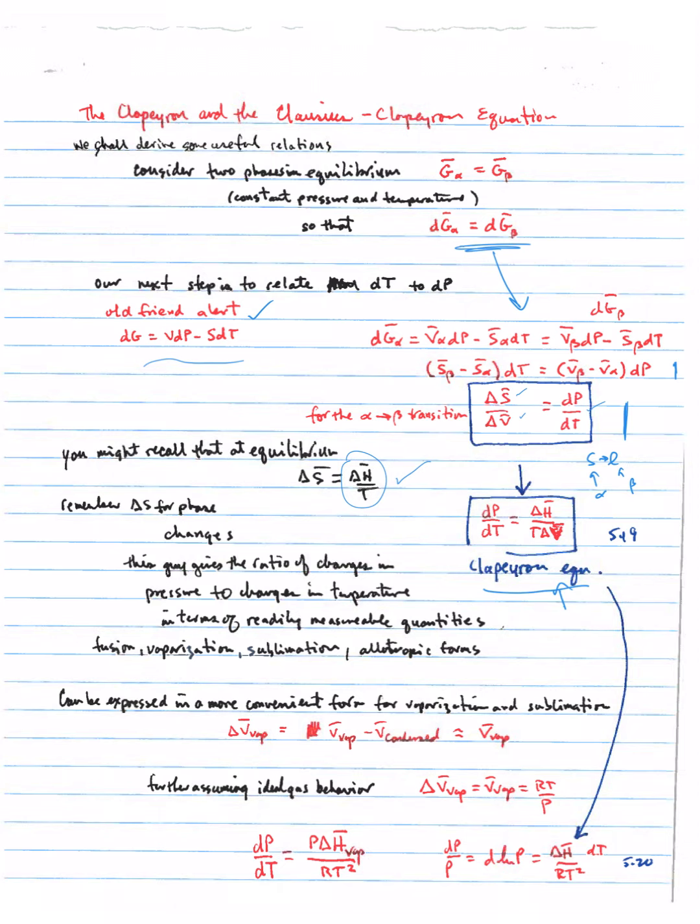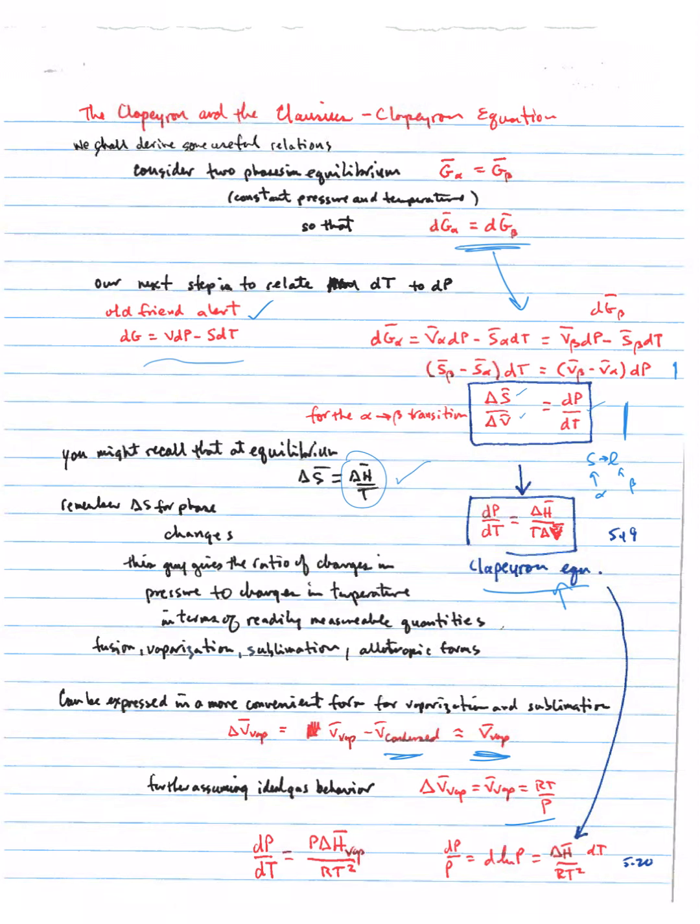It can be expressed in a more convenient form for vaporization and sublimation by getting rid of the condensed phase. If a gas phase is one of the components in your phase change, the molar volume of the gas is so much larger you could approximate it that way.